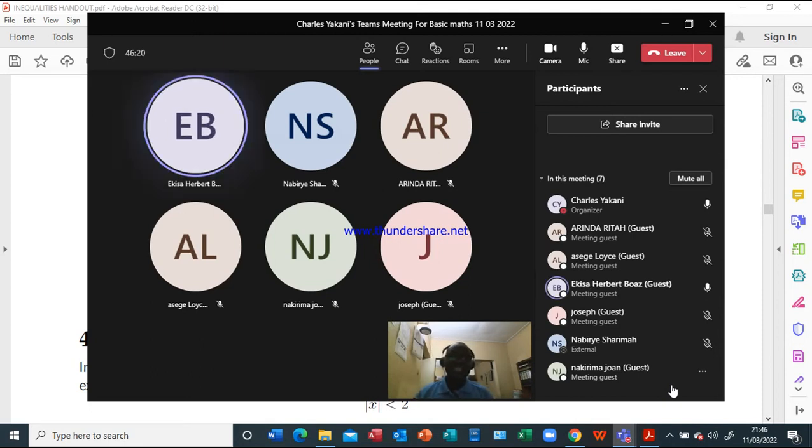So negative 3, negative 4, negative 5. To the left, the numbers which are more negative are smaller. Is that clear?